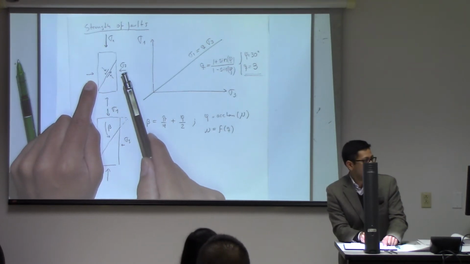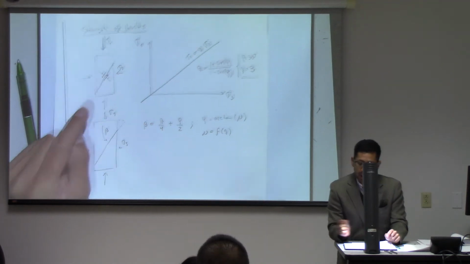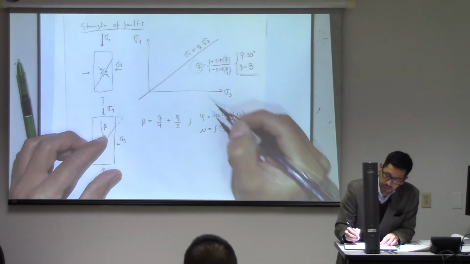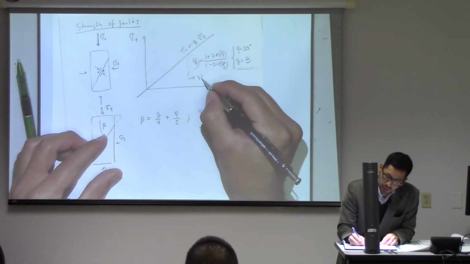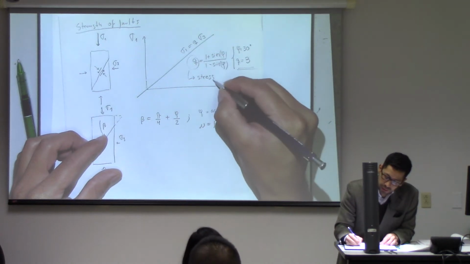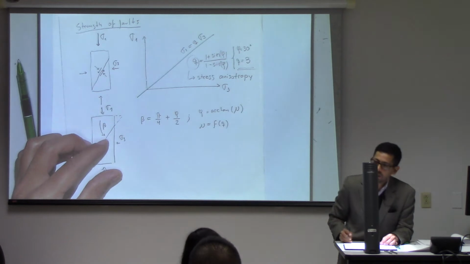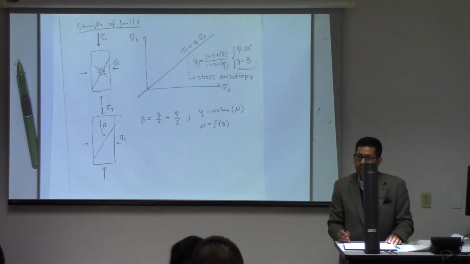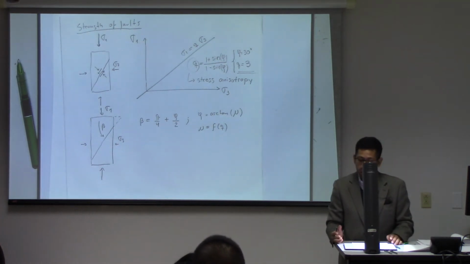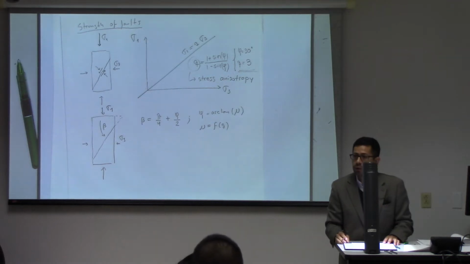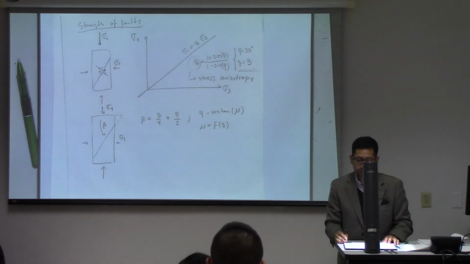So that leads to something which is called stress anisotropy. That means that stresses can be different in different directions, and that is going to be stable.